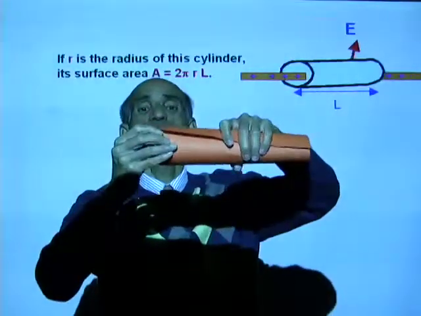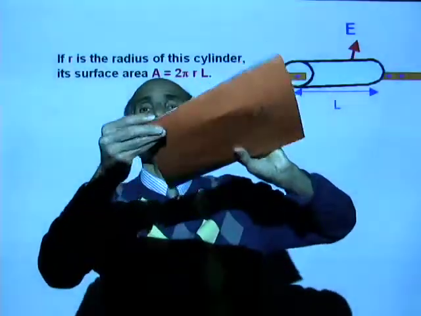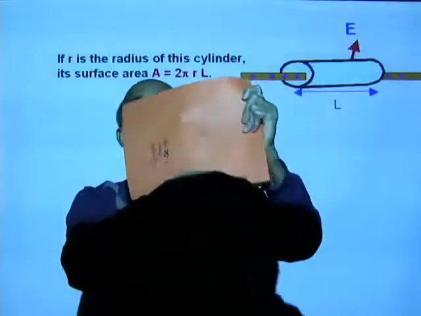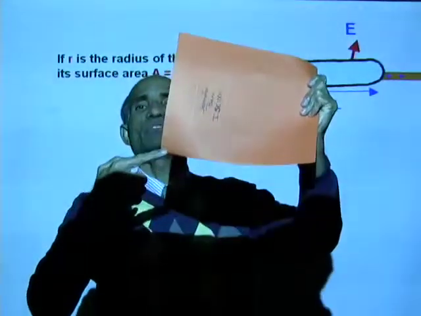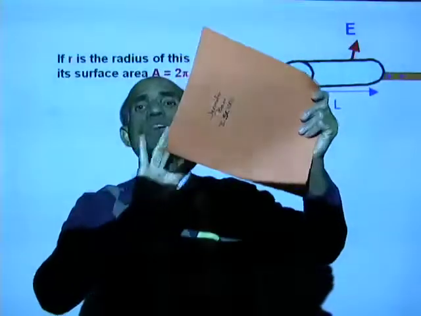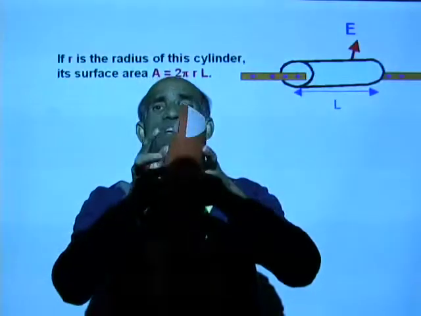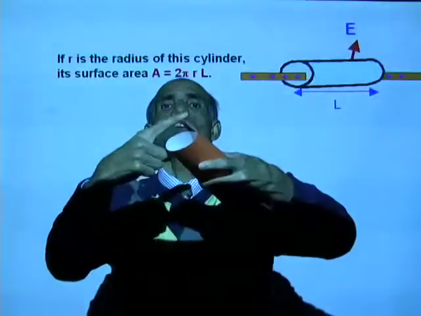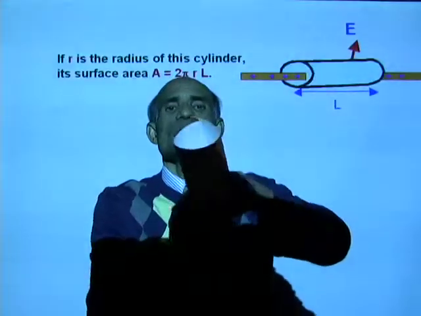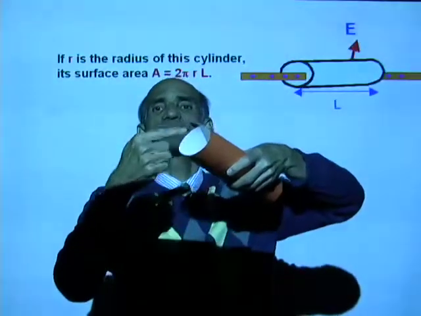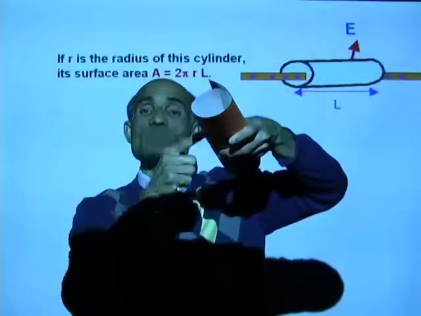The surface area will be, if I straighten it out, this length multiplied by this width. But this width, when it is a cylinder, is a circle of radius R. Is that right? Now, that circle has a radius R, so that would be 2 pi R times the length.